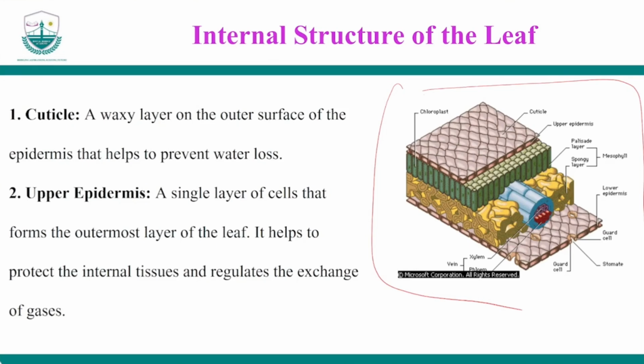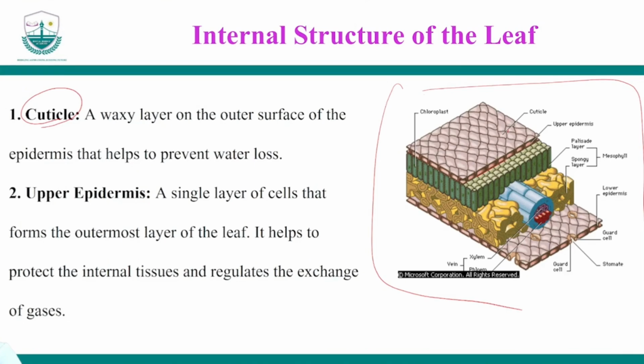Water is in limited supply on land, so plants need a covering that prevents that water loss, and that covering is what we are calling the cuticle here. It's a layer that covers the epidermis. You see here, this is the cuticle, and this is the upper epidermis. So it prevents water loss.